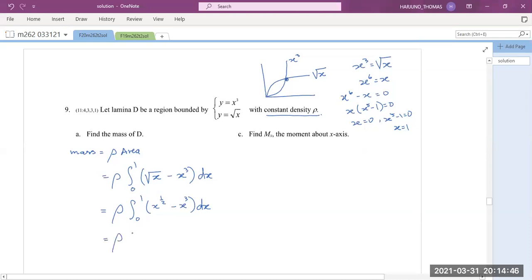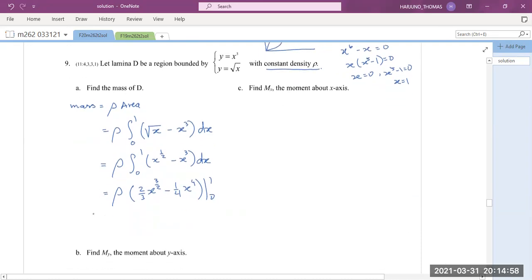This is rho times 2/3 x to the 3/2 minus 1/4 x to the 4th from 0 to 1. The thing I like about polynomials from 0 to 1 is you basically just add the constants. So that's 5/12 rho. Don't forget the rho.